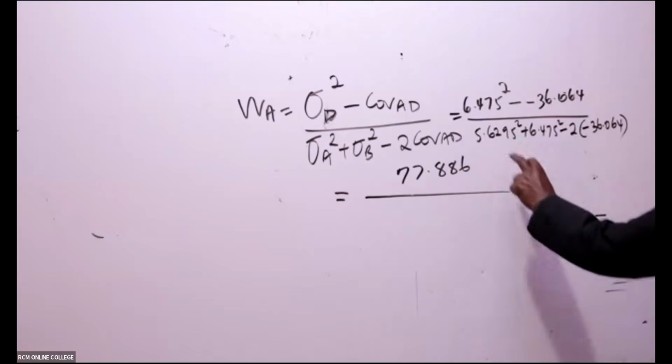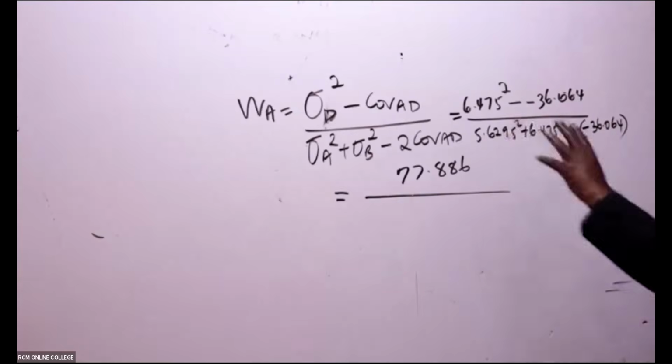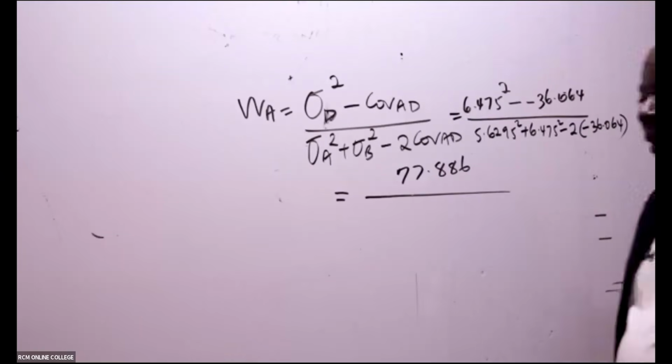Denominator: take this squared plus this squared minus this times this. Give me an answer. Oh, I'm alone.